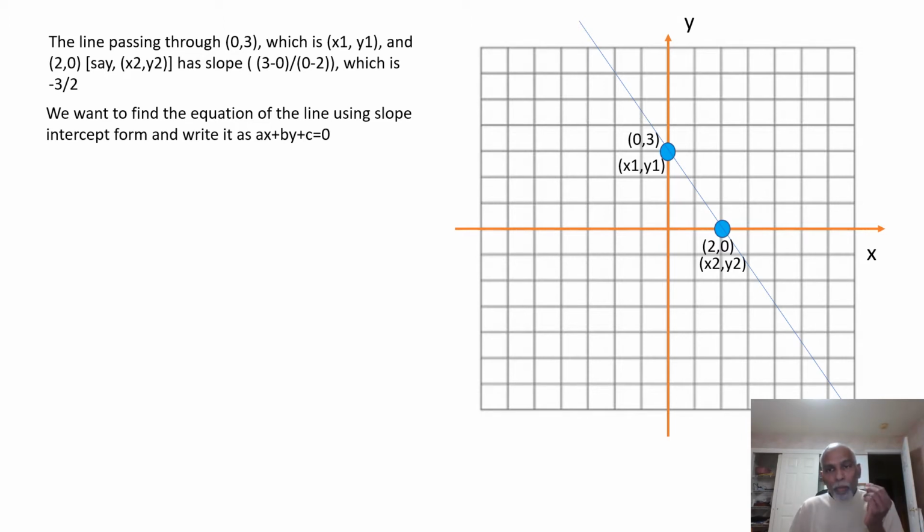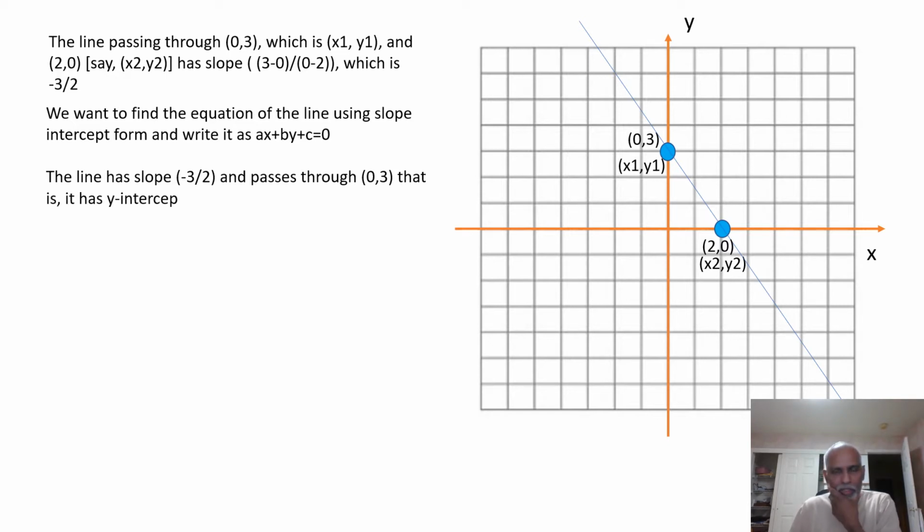So apply this point to that equation and get back again that the intercept is 3. You can do it that way also. So the intercept turns out to be 3 by applying 0, 3 as a point on the line y equals minus 3 over 2 times x plus k1.